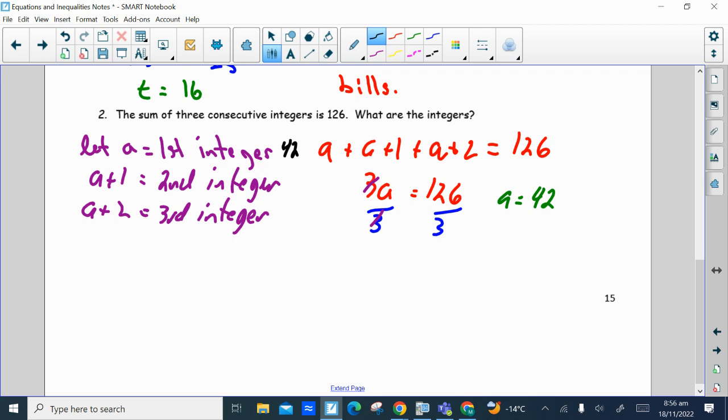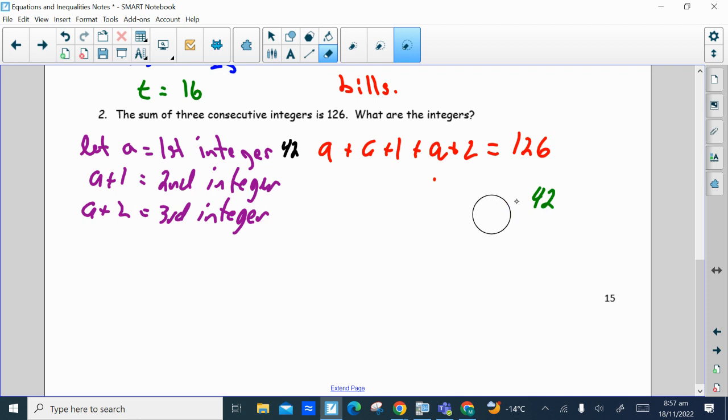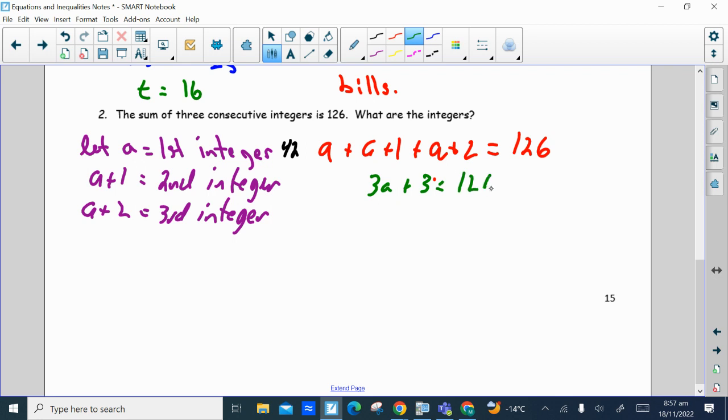Arpit. I did? What did I do wrong? Sorry? Ah, you're right. I did. Well, thank you so much. We would have figured that out when we did our check. But thank you. It should have been 3a plus 3 equals 126.